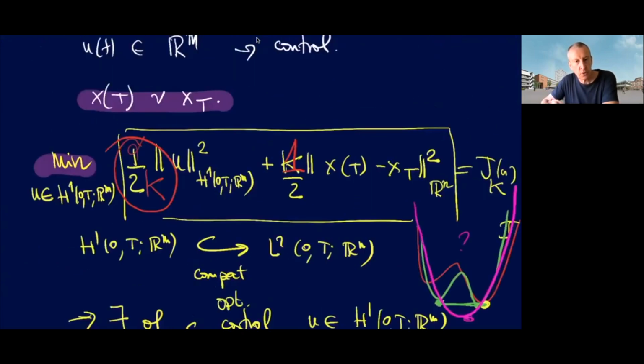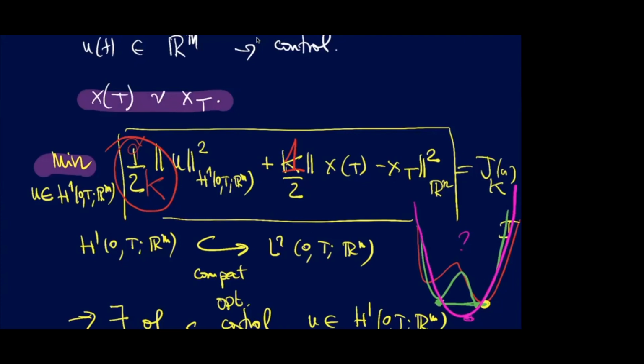Normally, you will make it better and better by taking k larger and larger because you will be enhancing the target. But it will be hard to say whether you get there.